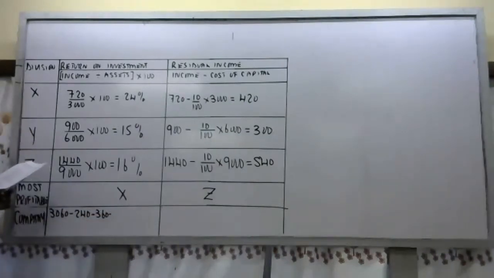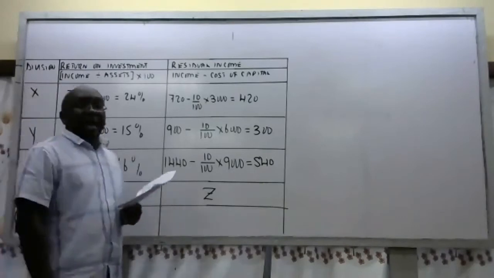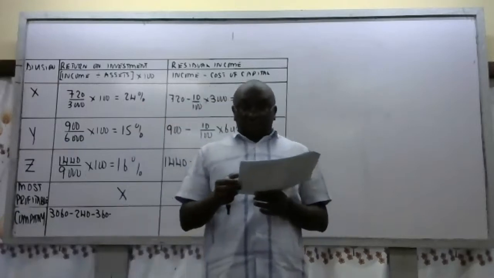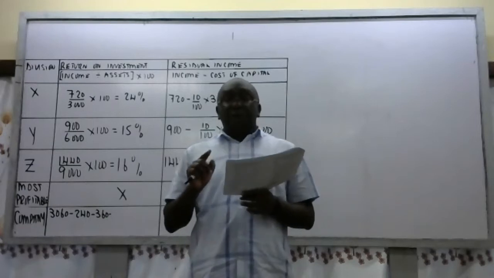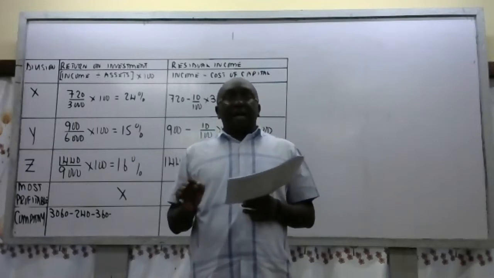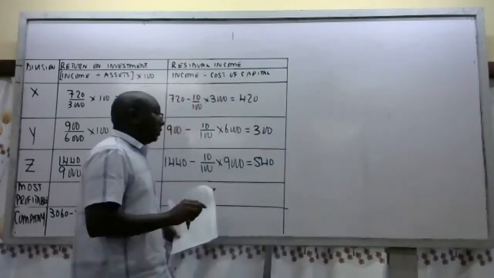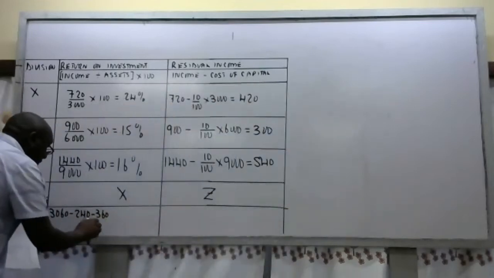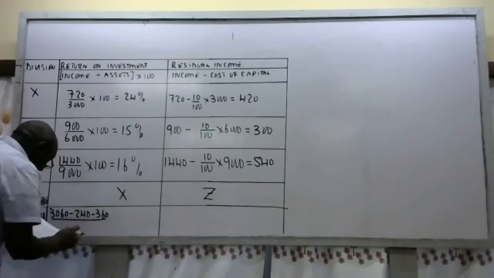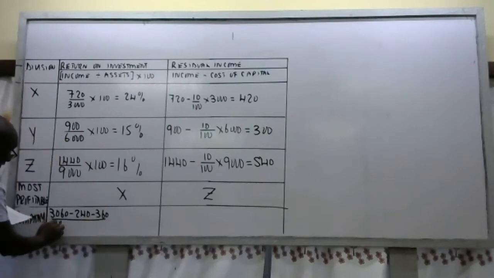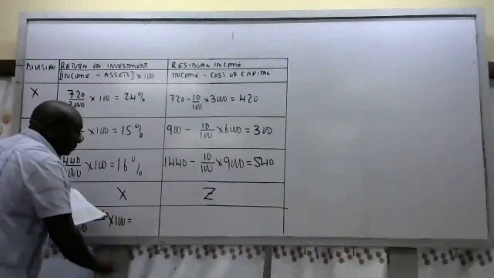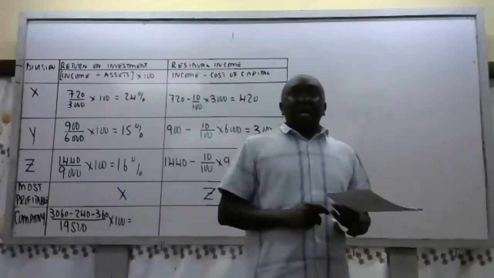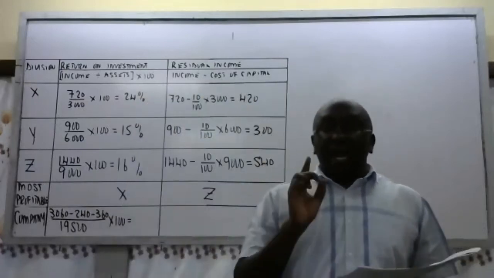And then you will not charge tax, because these others that we have worked with are before tax. So we are not going to charge tax. So now you divide by the assets, 19,500 multiplied by 100%. I have said we are not charging interest because interest should be added back.